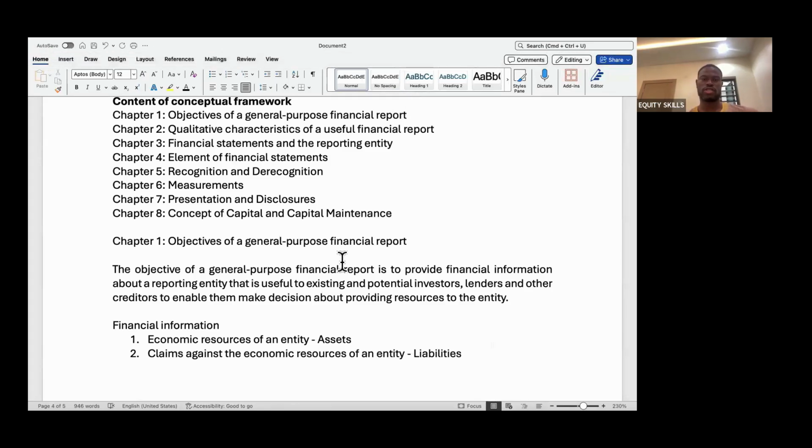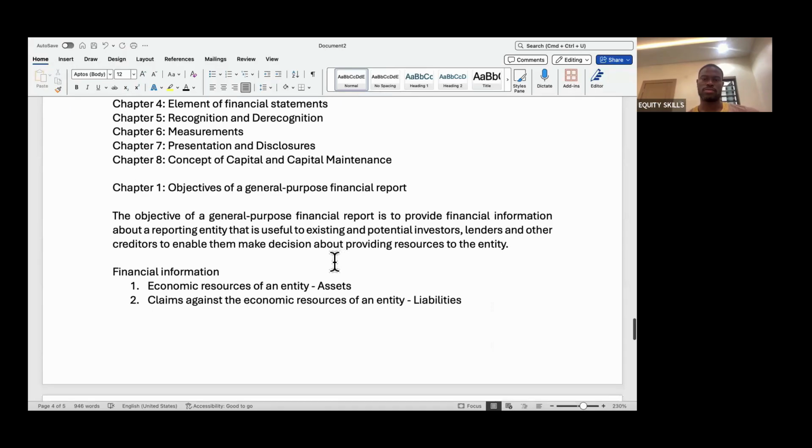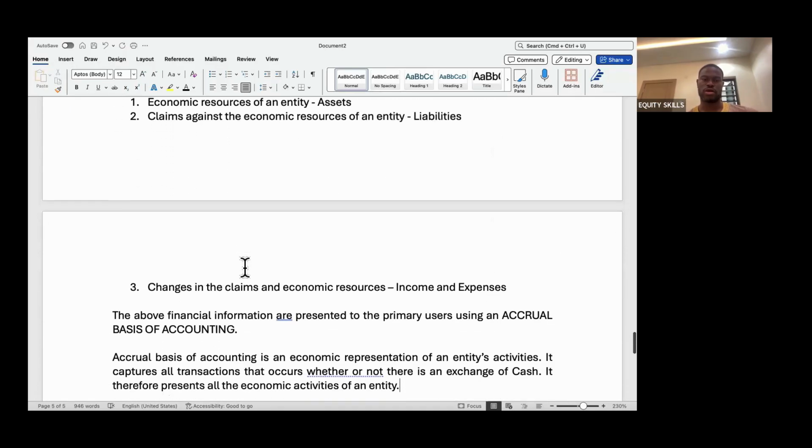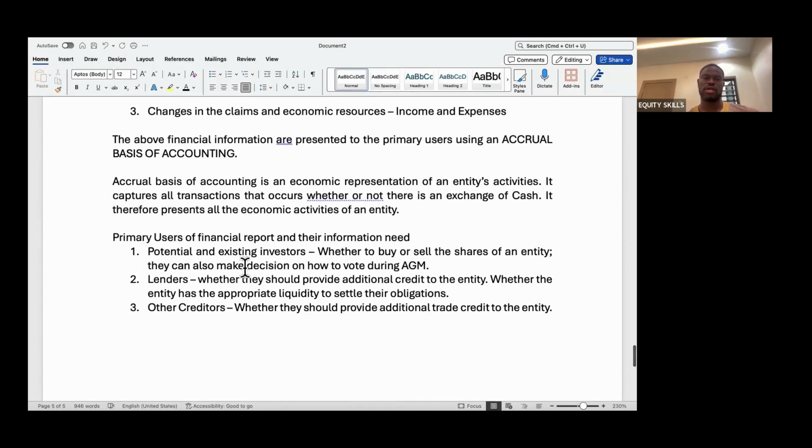Chapter 1 really focuses on financial information, accrual basis of accounting, and the primary users of financial information and their information need.